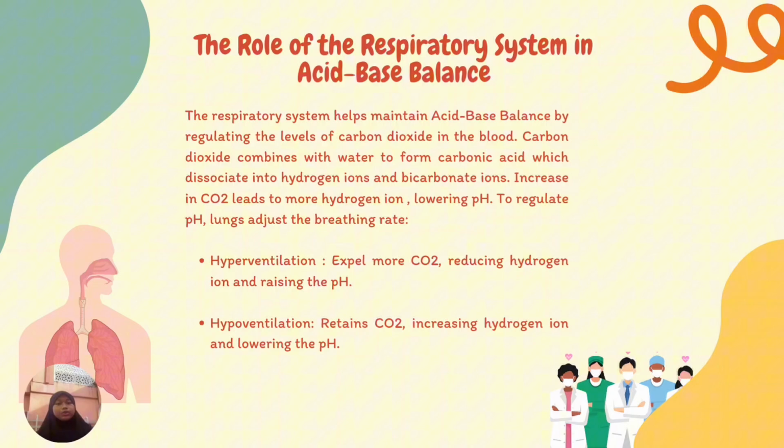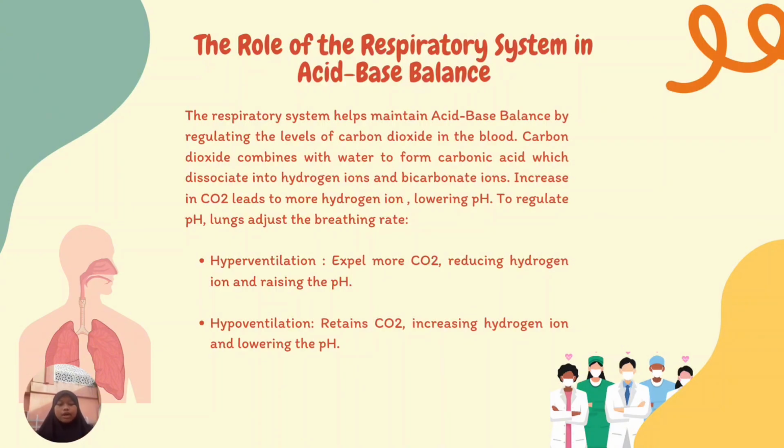So what do the lungs do? The lungs will regulate the amount of carbon dioxide by increasing or decreasing the rate of breathing. For example, hyperventilation, which is rapid breathing, will help to expel more carbon dioxide and raise the pH, which makes the blood less acidic.